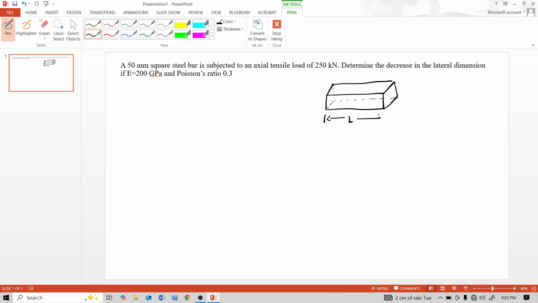Steel bar length L, and this dimension, lateral dimension is A, and 250 kilonewton tensile load is acting on this bar, this and this side, 250 kilonewton load.